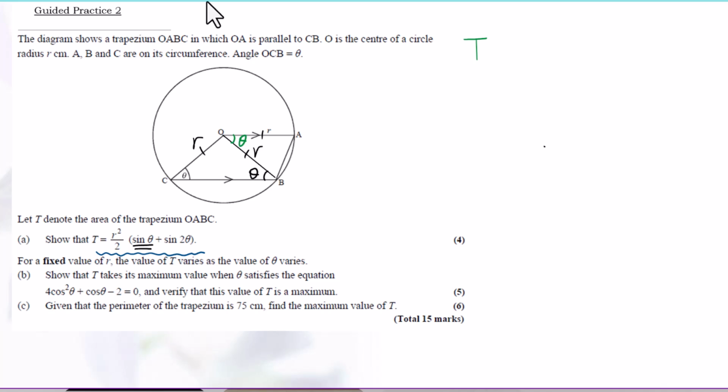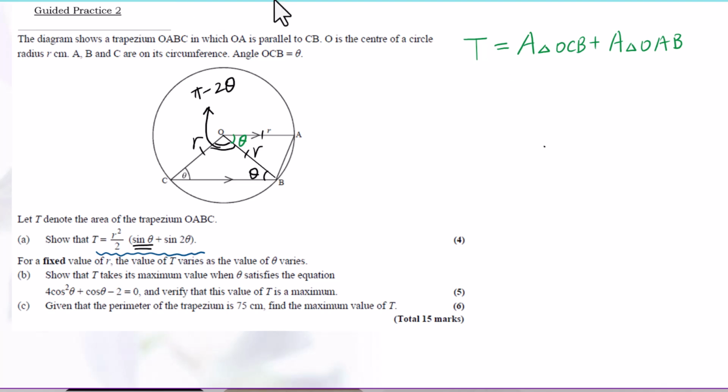So T equals area of triangle OCB plus area of triangle OAB. This angle is pi minus 2 theta.